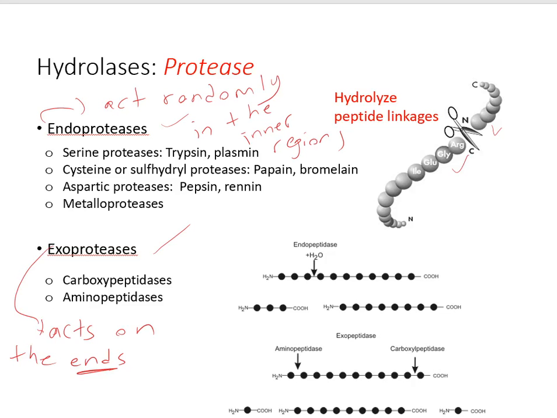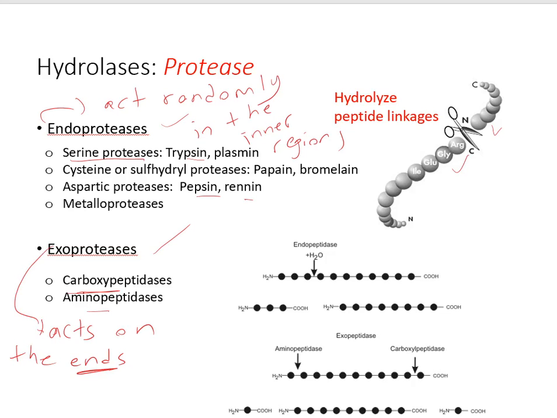And these two groups can be further classified into different groups. But it's based on the catalytic residue present in the active site, such as it can be serine protease, trypsin, pepsin, renin, or according to end site, like carboxypeptidase, aminopeptidase.